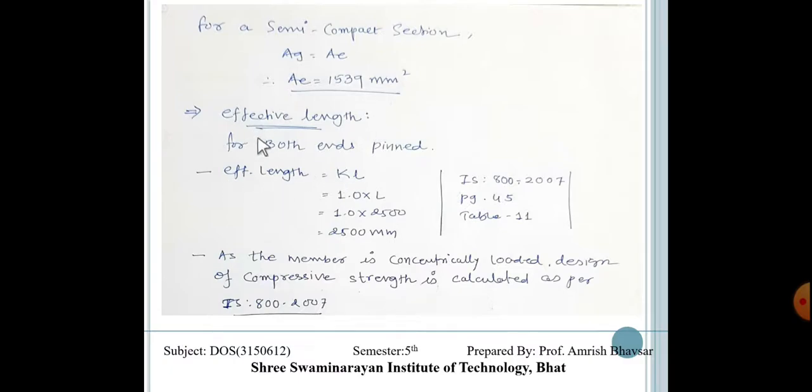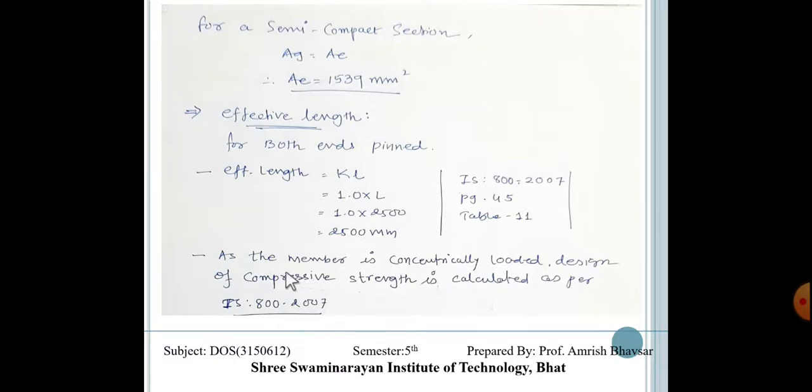So open that page and see, there are a number of equations. In this case both ends are pinned, and for that we have the equation KL is equal to 1.0 L. So here effective length LE is 2500 mm.